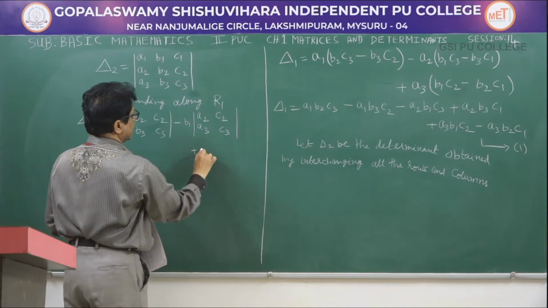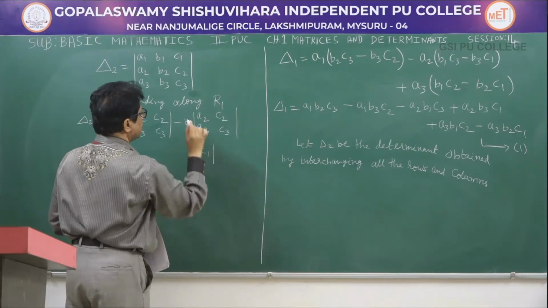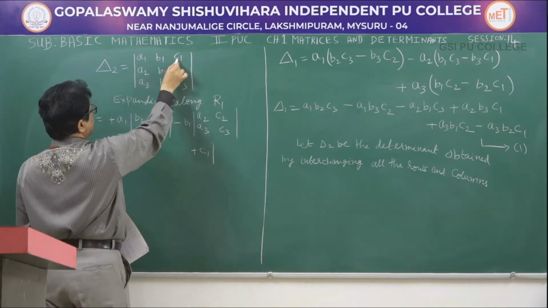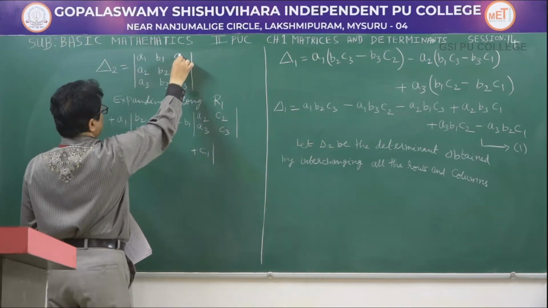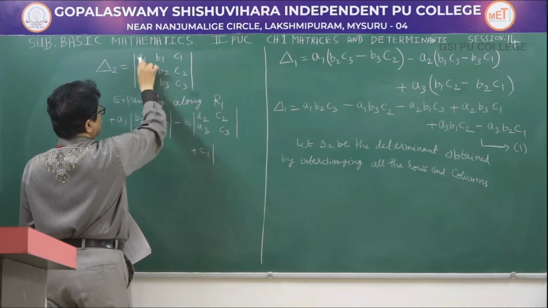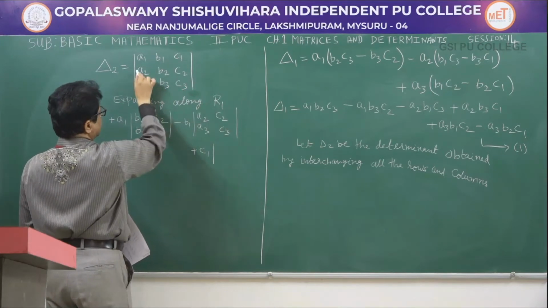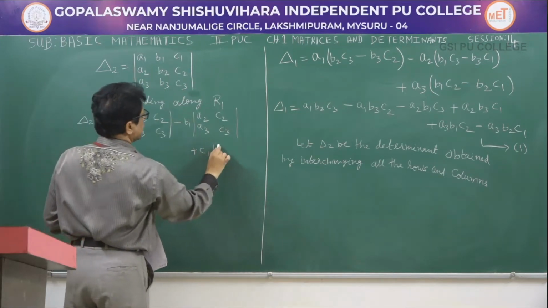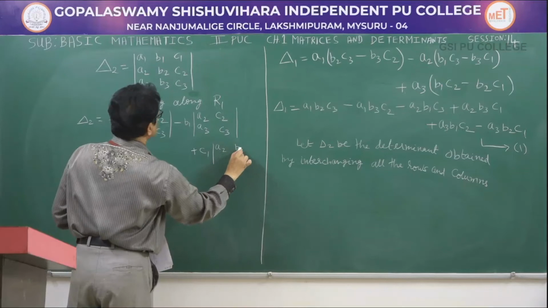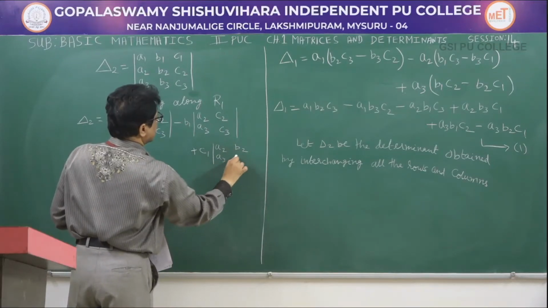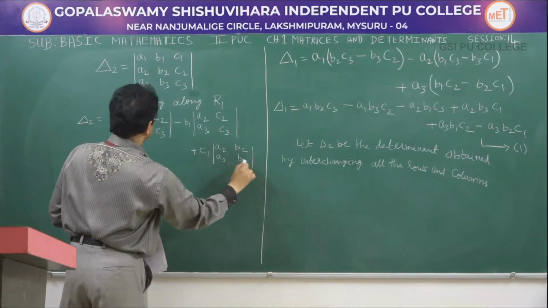Next we shall write plus C1 into determinant of, so C1 lies in the first row and third column, we eliminate the first row and third column and take the determinant of the remaining elements, that is A2, B2, A3, B3.